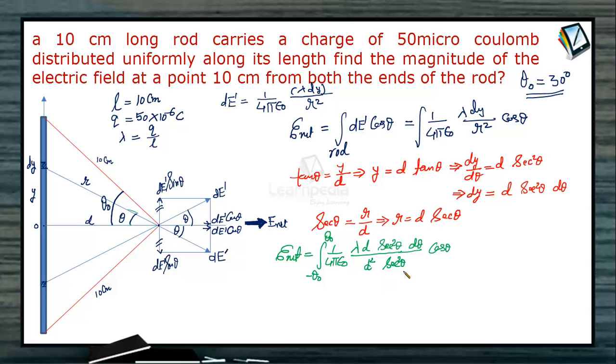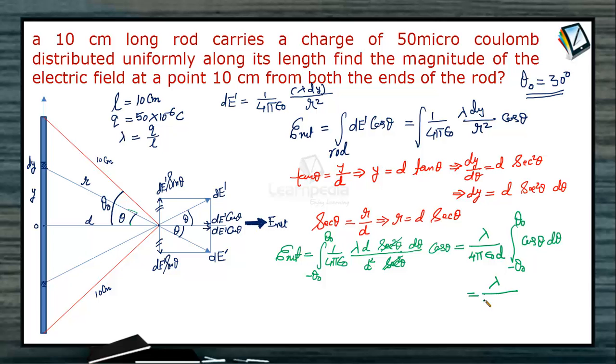So here you can see that sec square theta gets cancelled, and it becomes lambda divided by 4 pi epsilon naught into d. After this, d gets cancelled, and inside the integration it remains cos theta d theta from minus theta naught to plus theta naught, or we can just double it by multiplying it with 2.